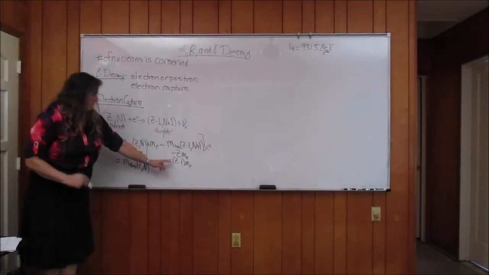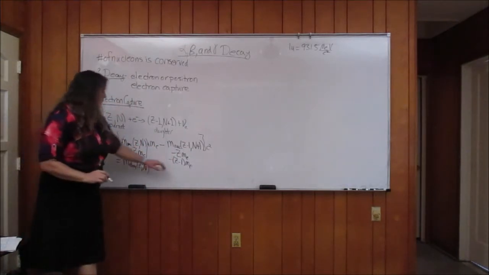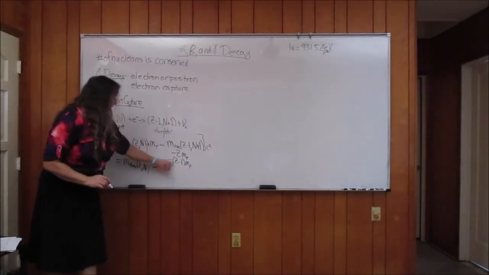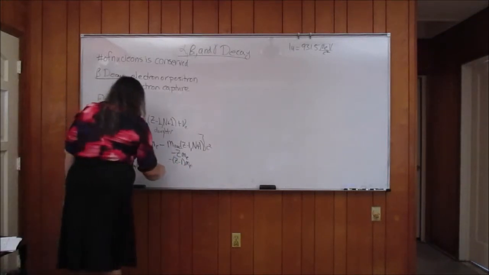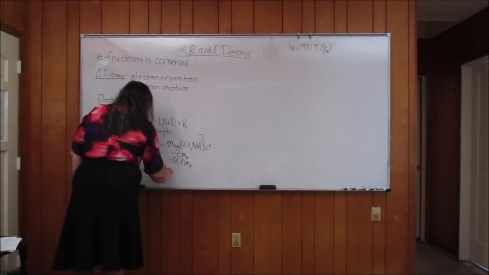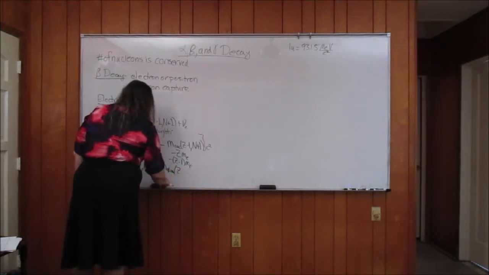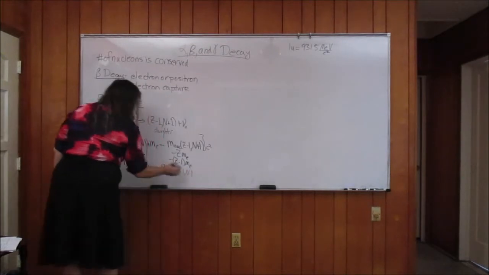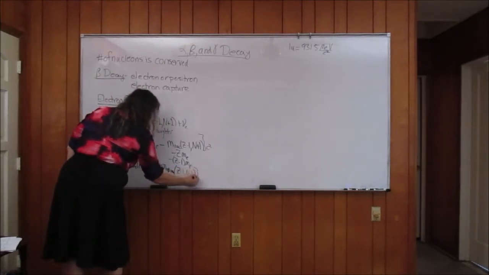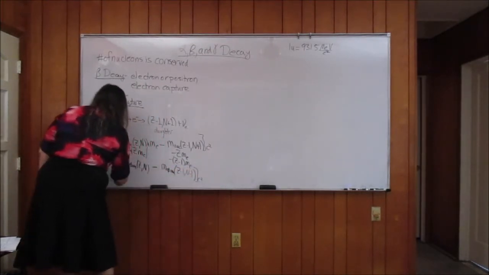So it's minus, altogether, (Z minus 1) times m_e, and then I can combine that with the daughter nucleus, so this gives me the atomic mass of the daughter. And all times c squared.